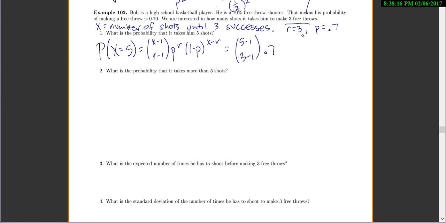Probability is 0.7, and we want 3 successes, and then 1 minus 0.7 is the probability of failure, and we want x minus r. X is 5. We did it 5 times. We want 3 successes. That means you'd have 2 failures, or 5 minus 3 failures. And this is 0.18522.